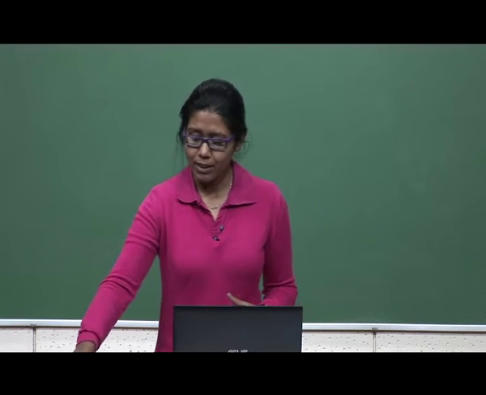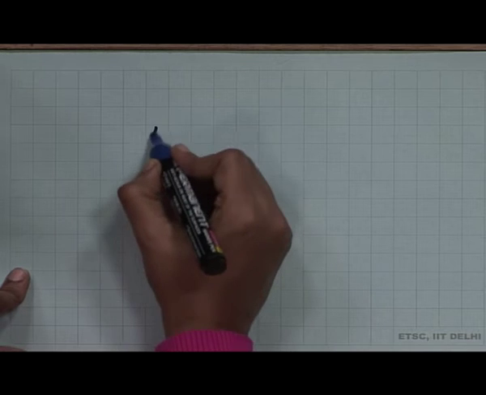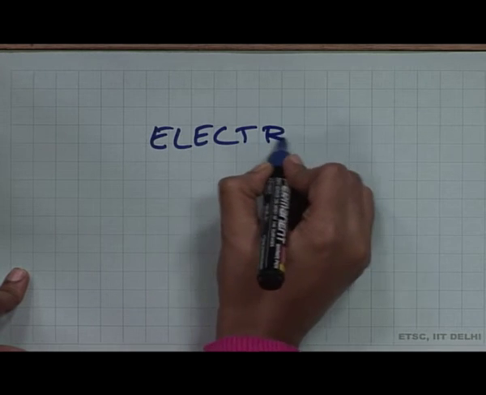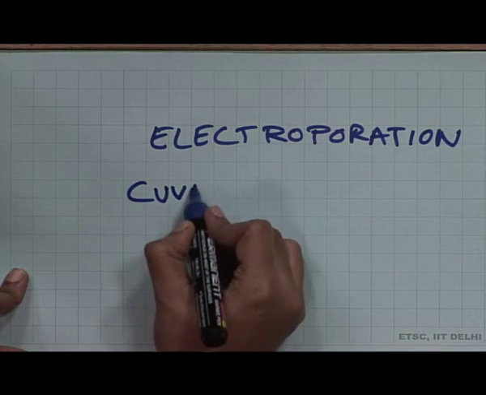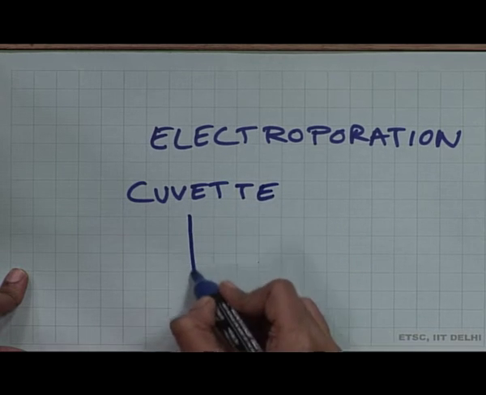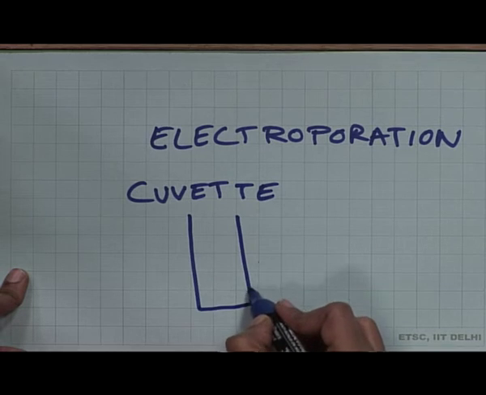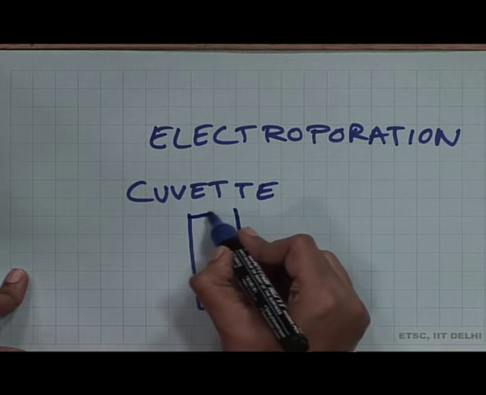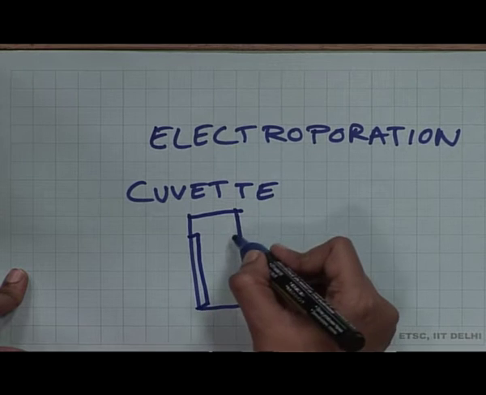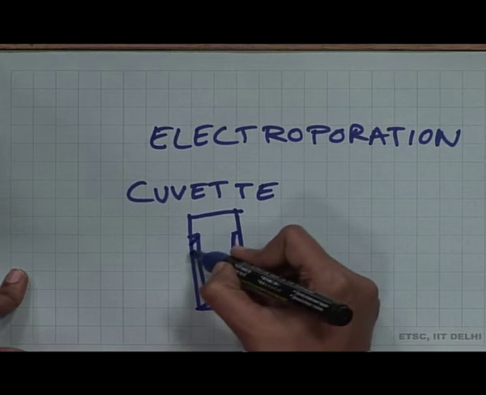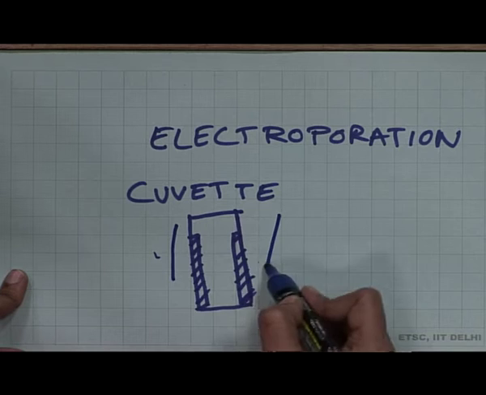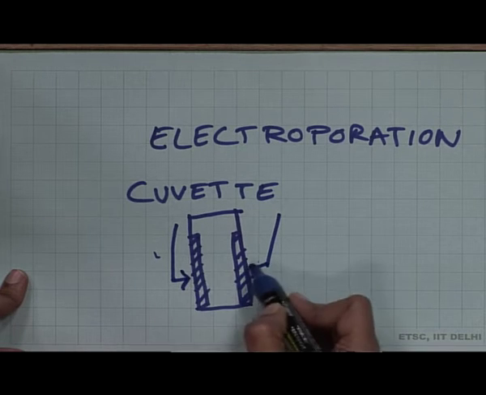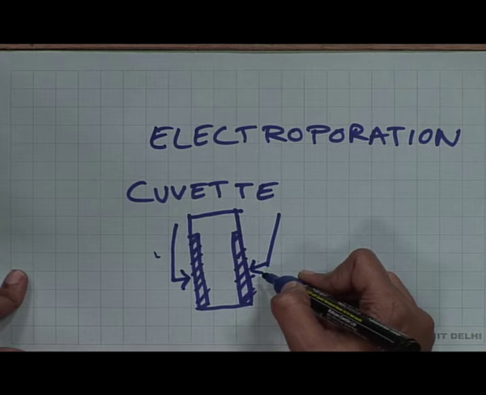So, what is generally done is that for electroporation, you have a cuvette, and the cuvette is nothing but a structure with metallic plates on either side, which can then be put under an electric field.